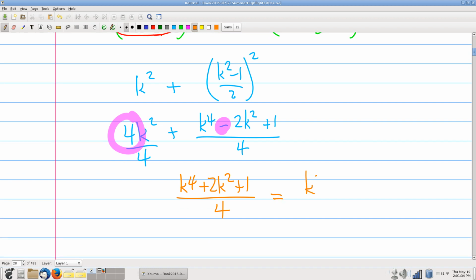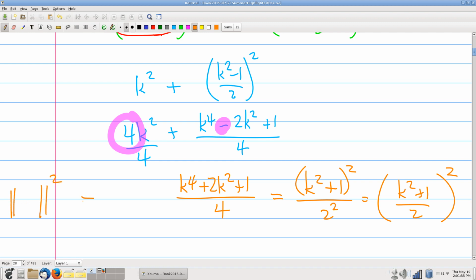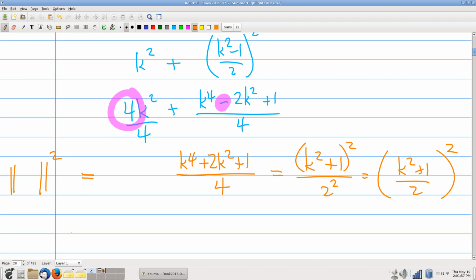This is K squared plus 1 quantity squared over 2 squared, and therefore this is K squared plus 1 over 2 quantity squared. Now don't forget what we were computing was the magnitude squared. And so that means that the magnitude is K squared plus 1 over 2.